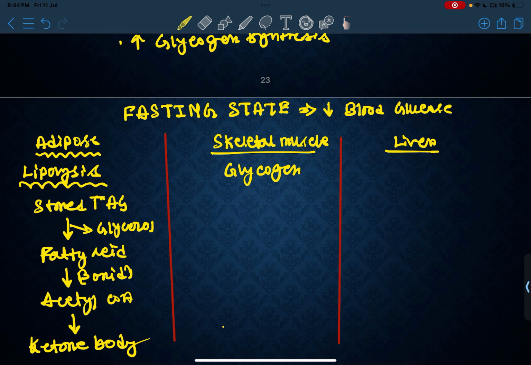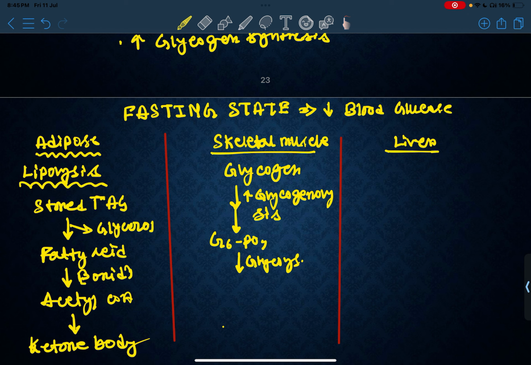Okay, now we're going to see how this happens. Increased glycogenolysis will give glucose 6 phosphate. Next is glycolysis, and it gives pyruvate.